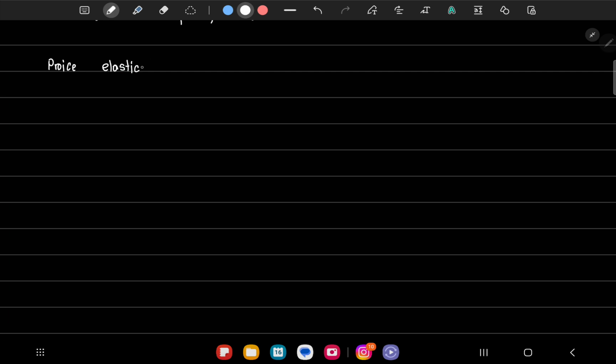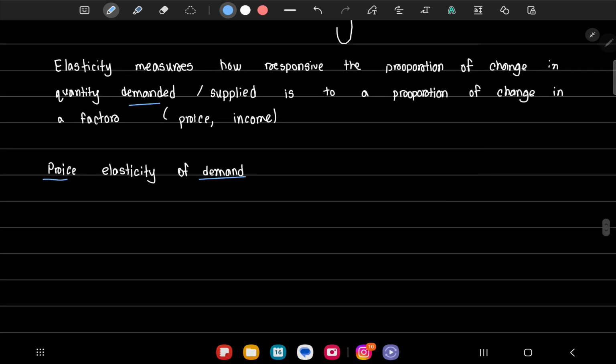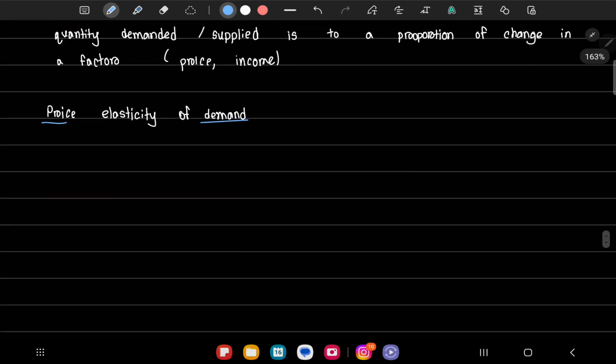As you can guess from the name, it's related to the price and it's related to the proportion of change in quantity demanded, not supplied in this case.